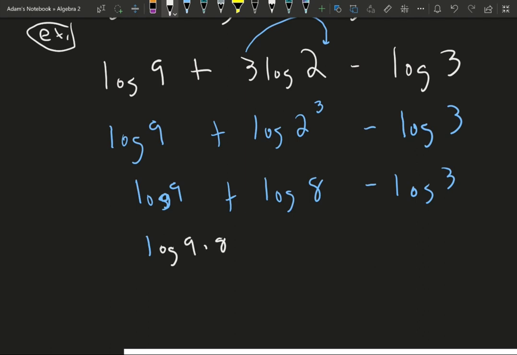And then we have minus 3, so that minus is going to be like a fraction, divided by 3. So that turns into log of 9 times 8 divided by 3. Okay? The plus became times. The minus became division, and it's 1 log because we are condensing.